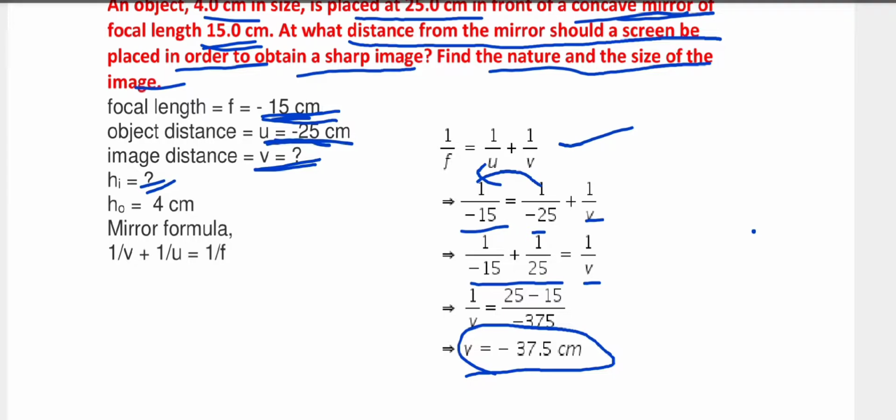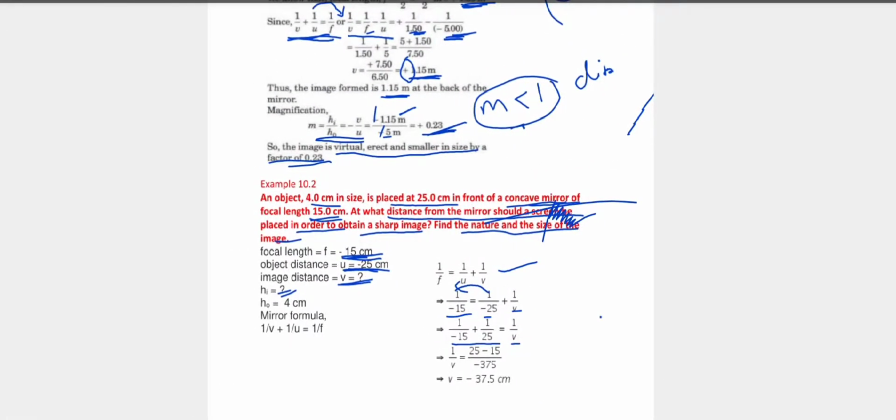The image distance is more than 30, so it is formed behind the center of curvature, and the negative symbol indicates it is on the same side as the object. So what we got is exactly correct.